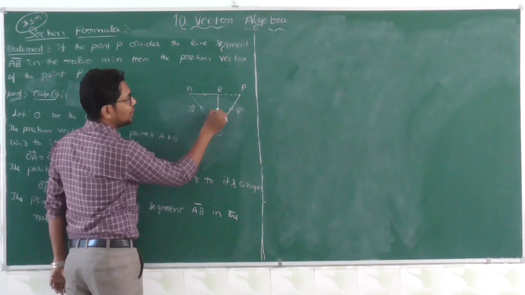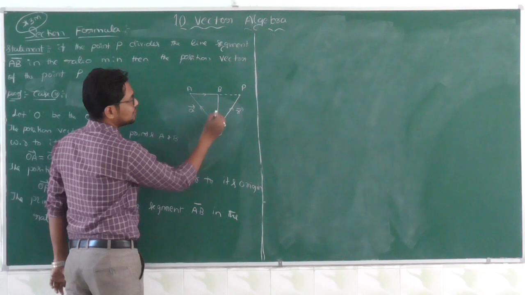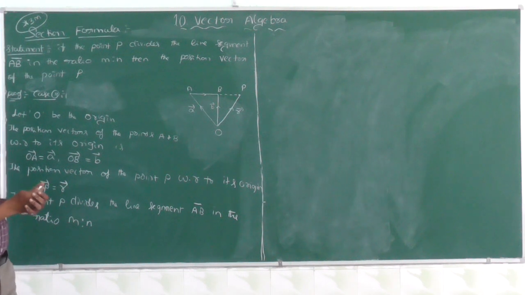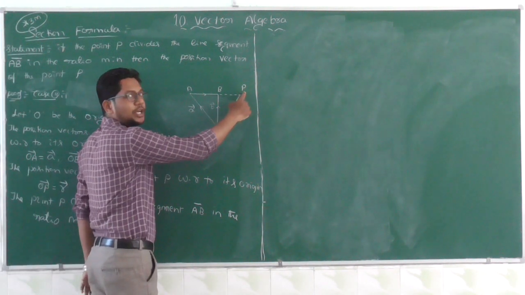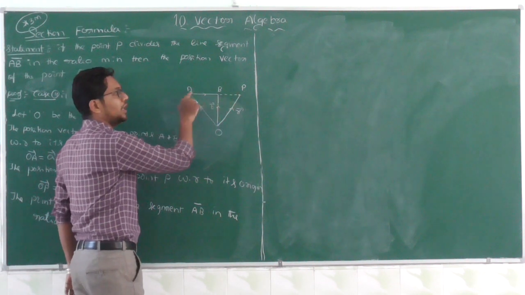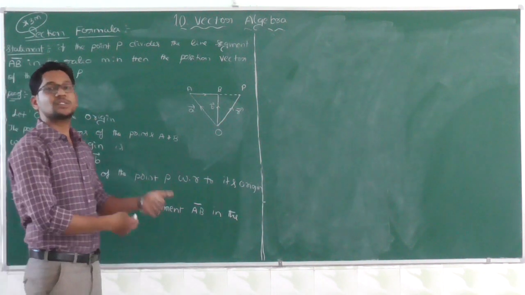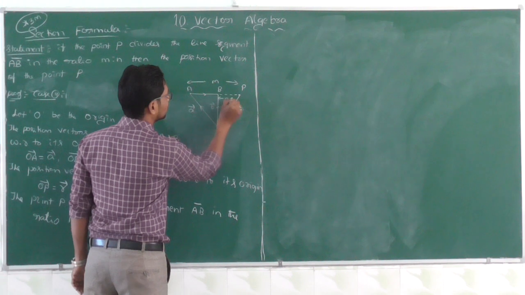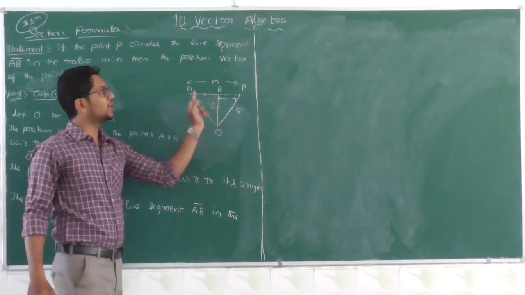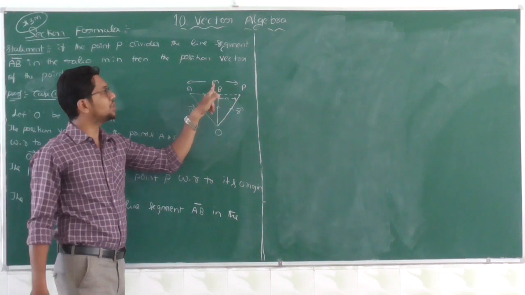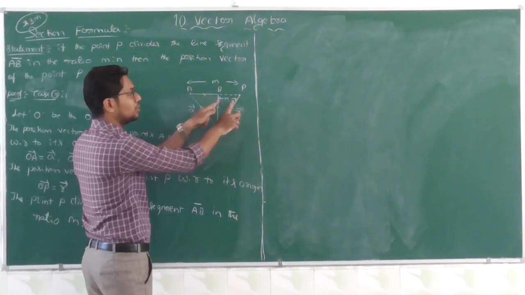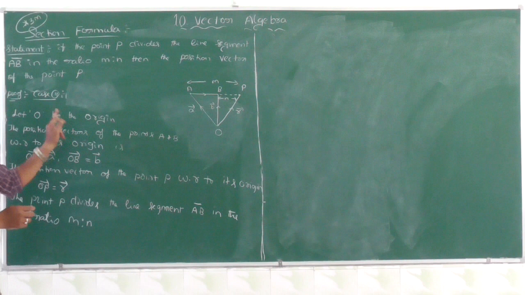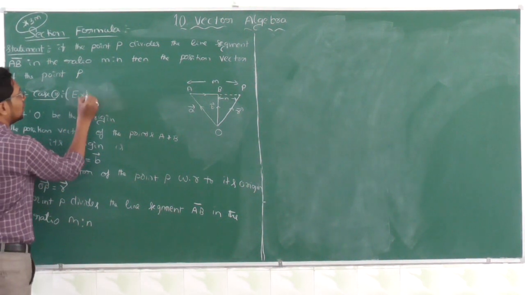The position vector of the point B with respect to the origin is given by B vector. Next, the point P divides the line segment AB externally in the ratio m is to n. Hence, this is the diagram for the second case, the external case.